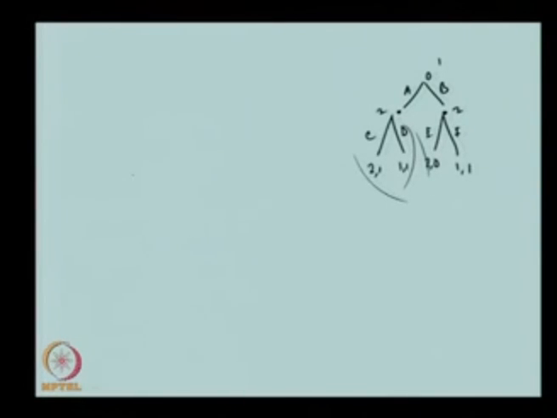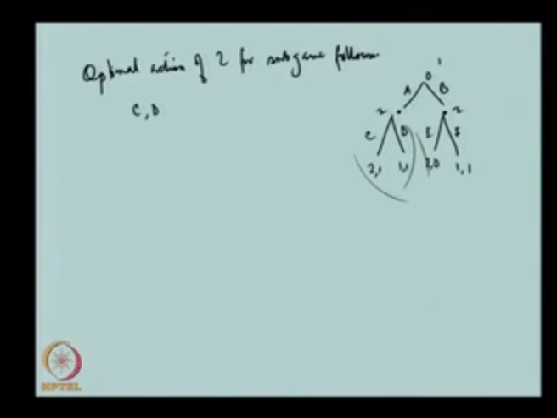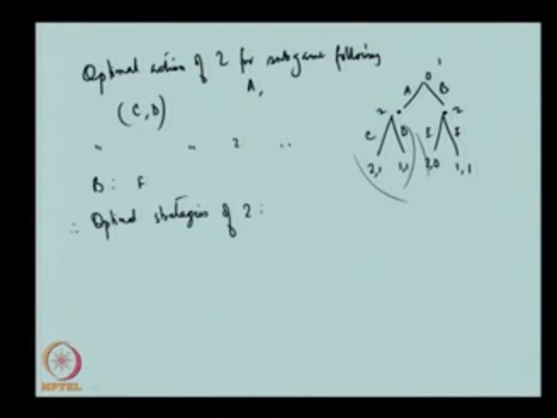The optimal action, both of them are optimal actions, C and D, for the subgame following A. Optimal action of player 2 for the subgame following B is going to be F. So, optimal strategies of 2 could be C, F or D, F. Both are optimal.